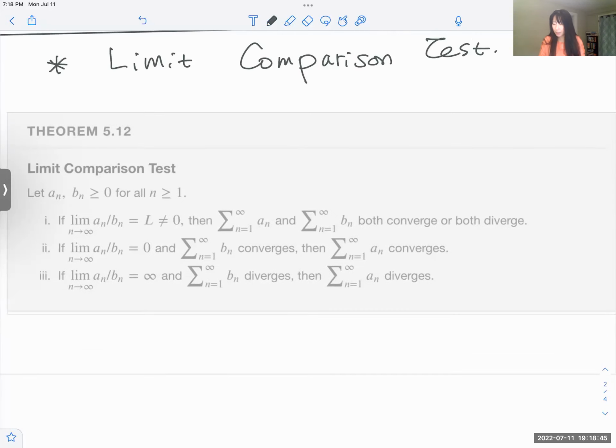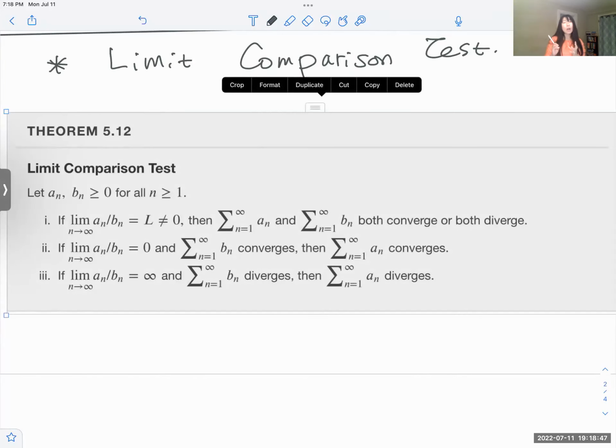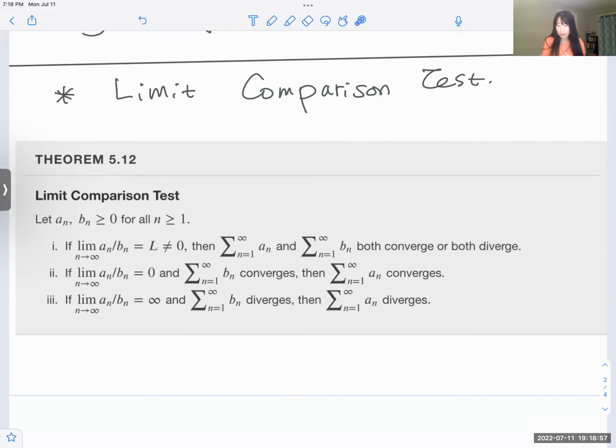Okay, in this case, there is no inequality between A sub n and B sub n, right? As long as A sub n and B sub n are positive or equal to 0, all right? Then look, limit comparison test setup.